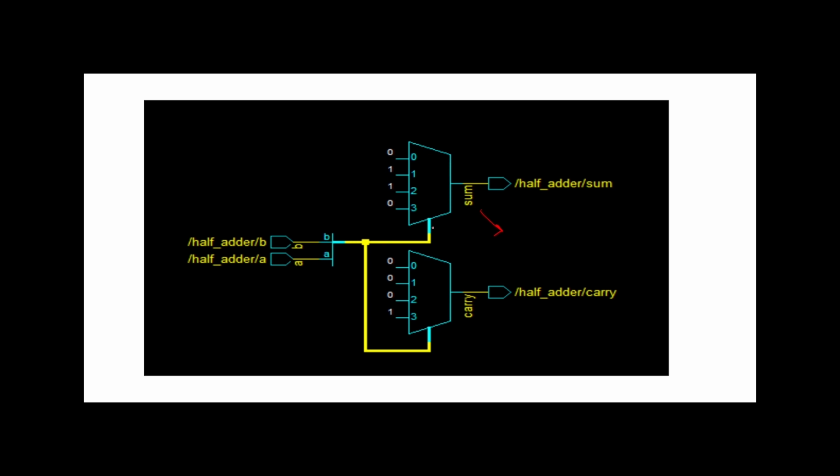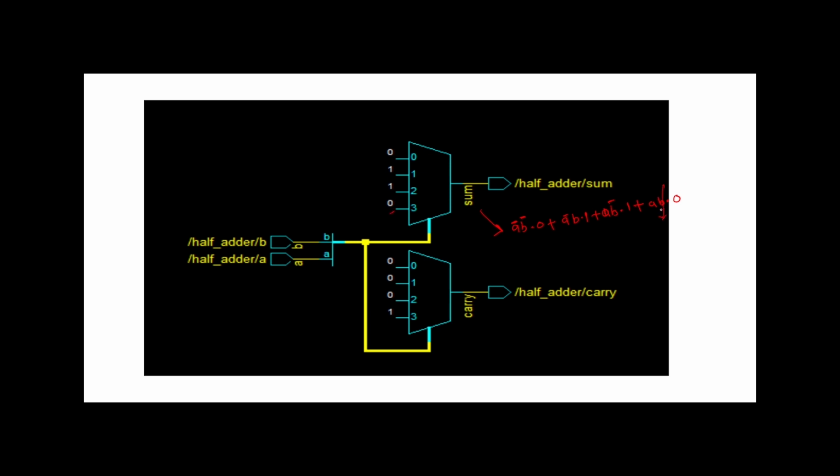You can see over here the select lines are A and B. If we verify, A bar B bar into 0 plus A bar B into 1 plus A B bar into 1 plus A B into 0.